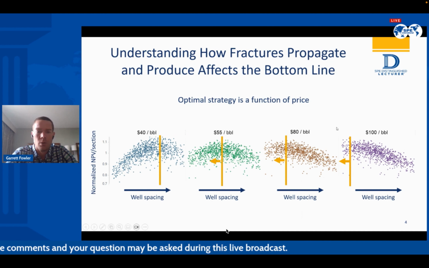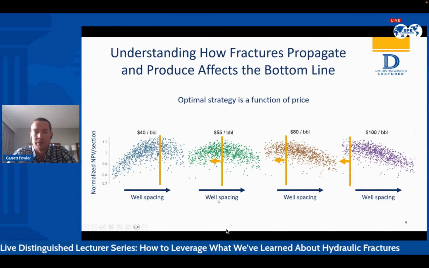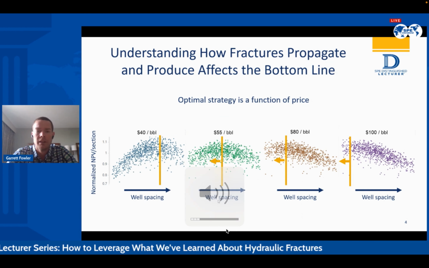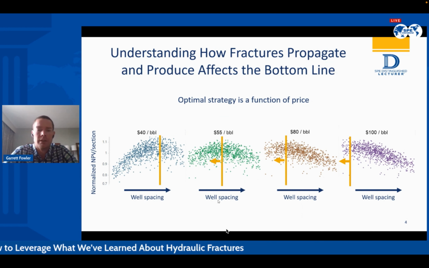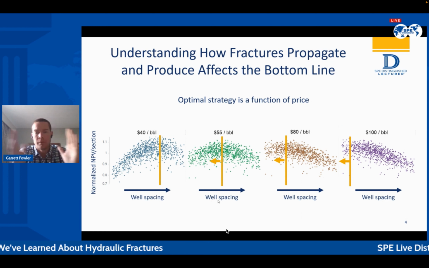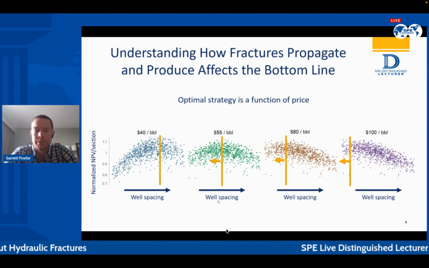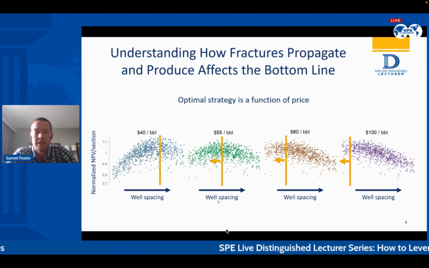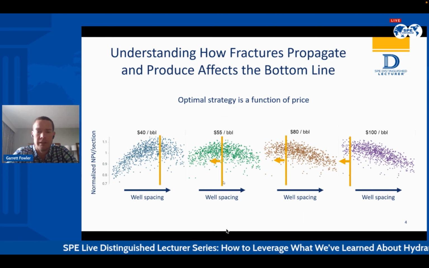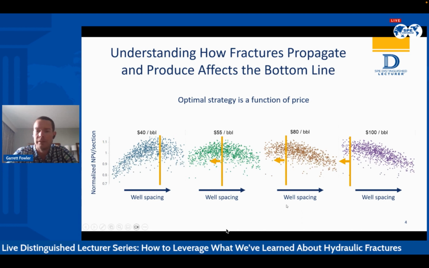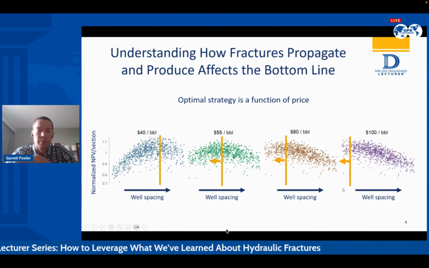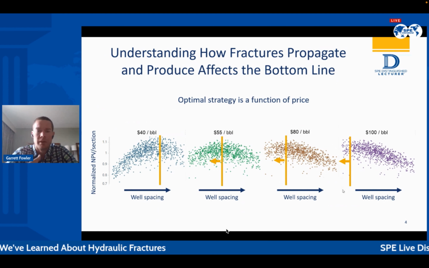As the oil or commodity price increases, greater interference between wells is tolerated because we're recovering our revenue at the front end of the production period. So understanding how these wells are going to interact, and characterizing what degradation of performance I'm going to realize if I drill these wells closer together, is incredibly important to understanding the optimal strategy.